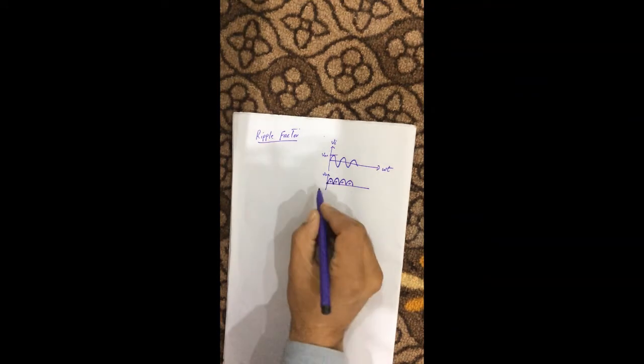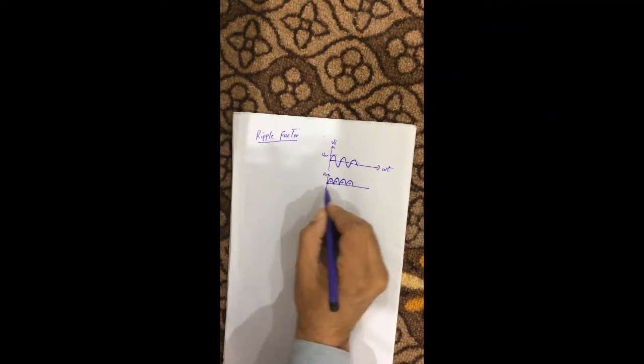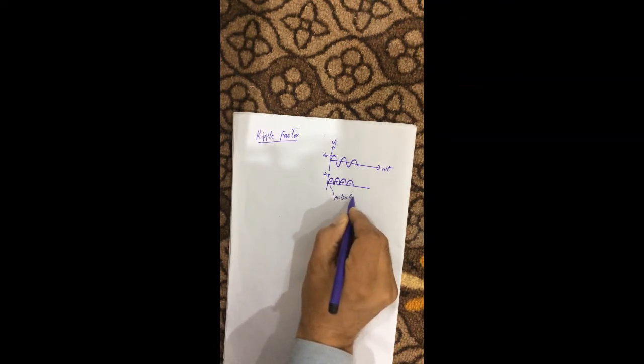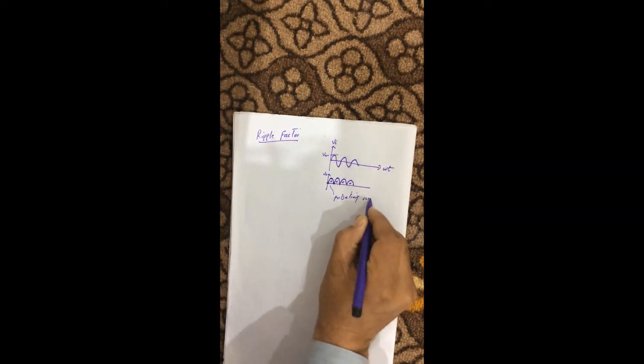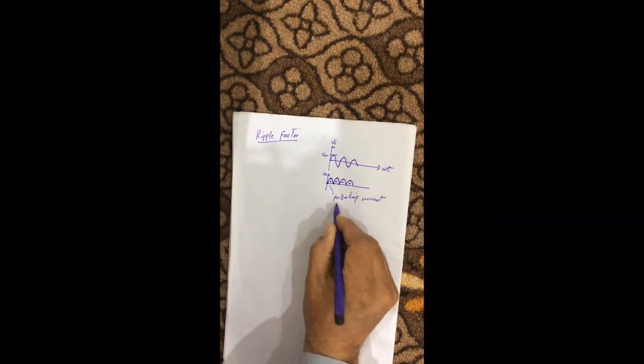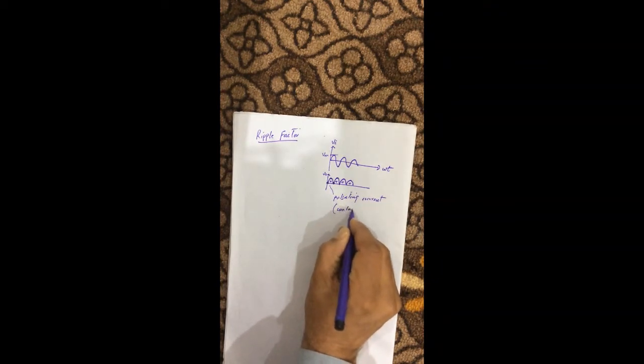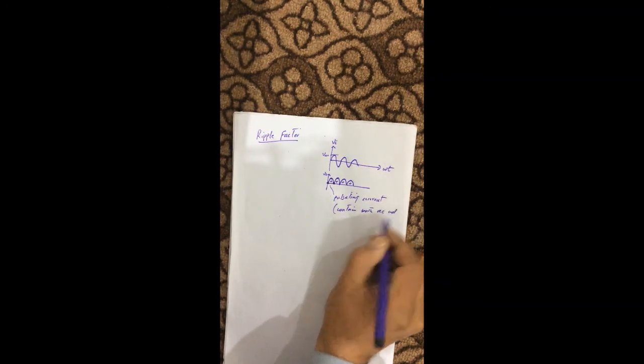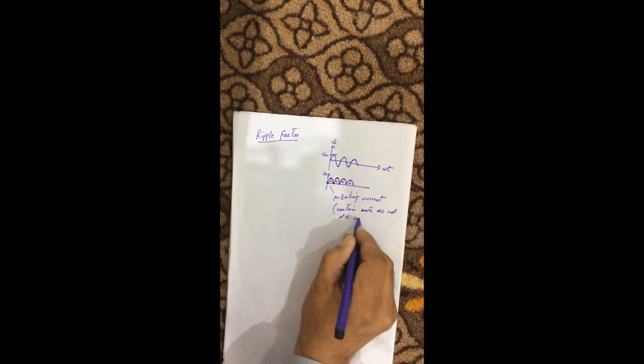So the output is a combination of both AC and DC components, which we call ripple or pulsating current. It contains both AC and DC components.